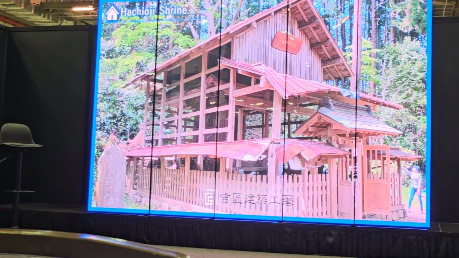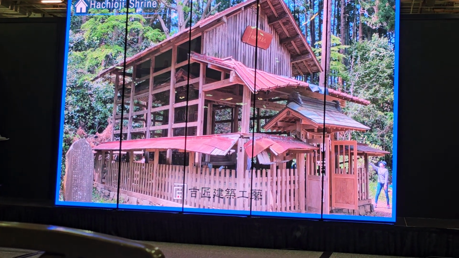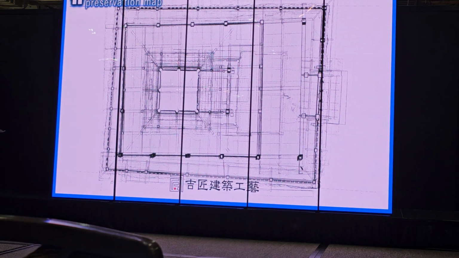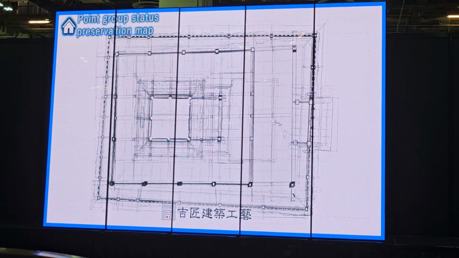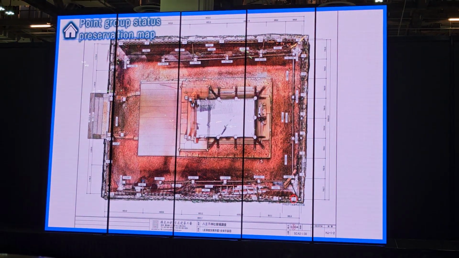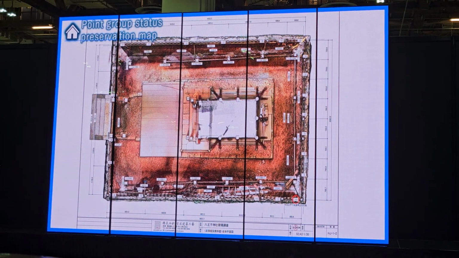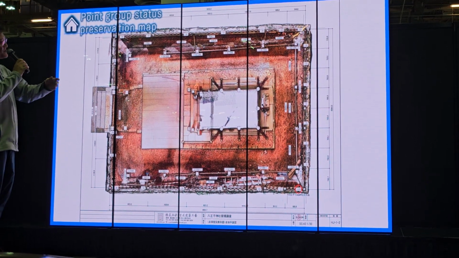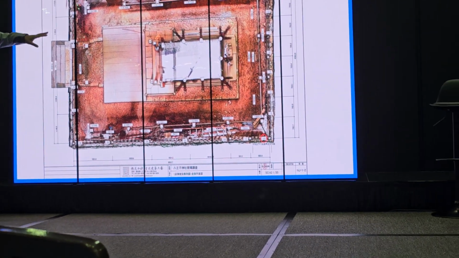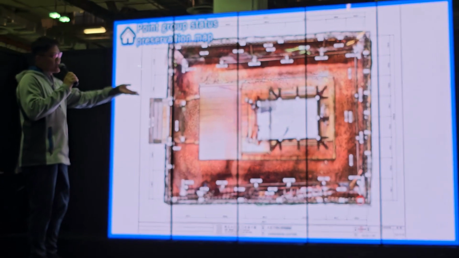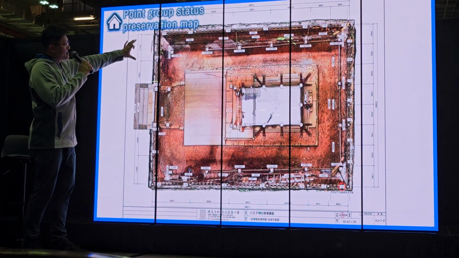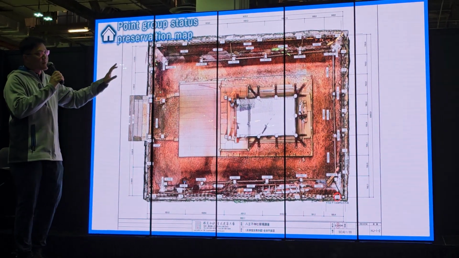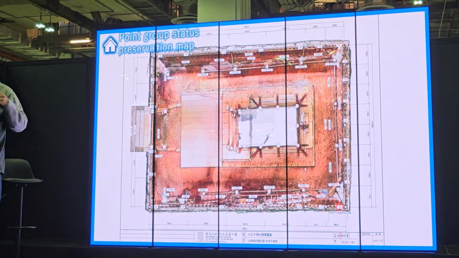And what he did, first of all, he did a scan, right? So like I said, after he did a scan, he's able to do all these section cuts. And he does not even do the 3D model. He just used the point cloud, sliced it up, and then put this into SketchUp, which is the 2D drawing. And you can see then you can start putting dimensions, right? And this became his foundation for redesigning the new structure.